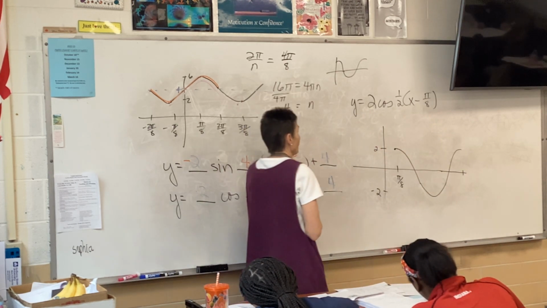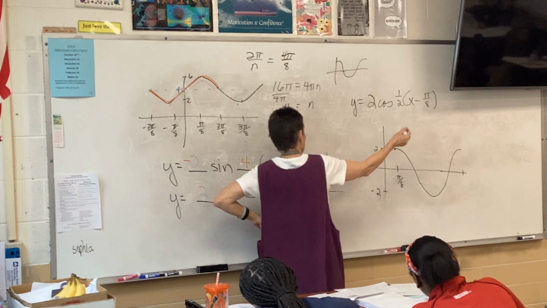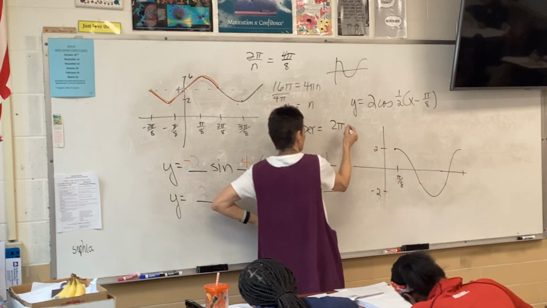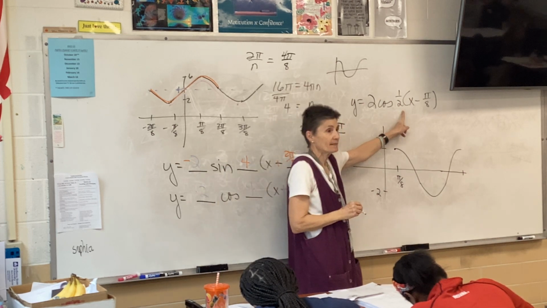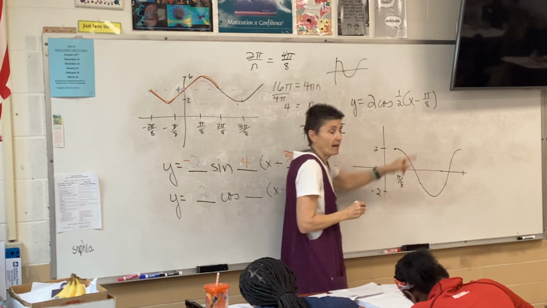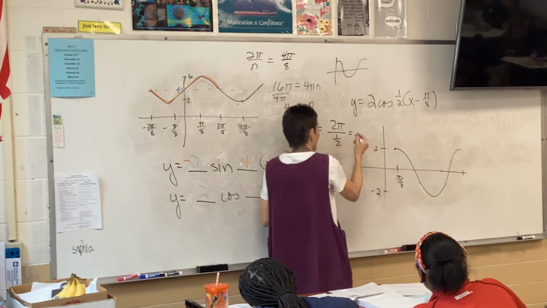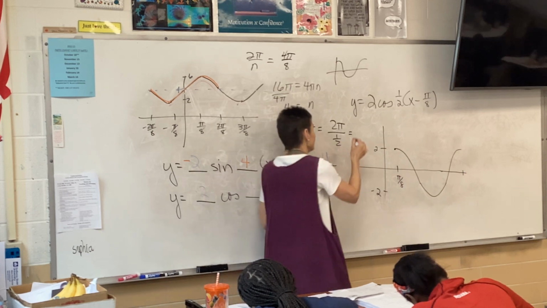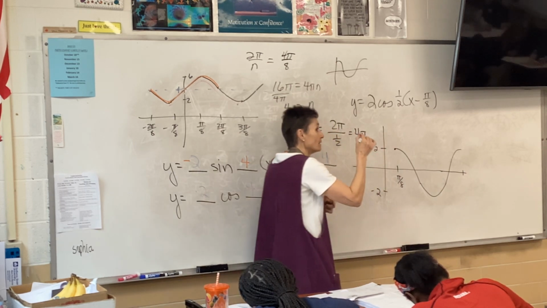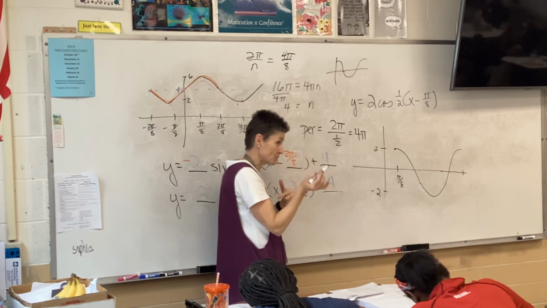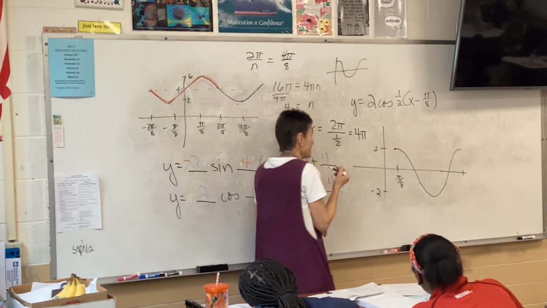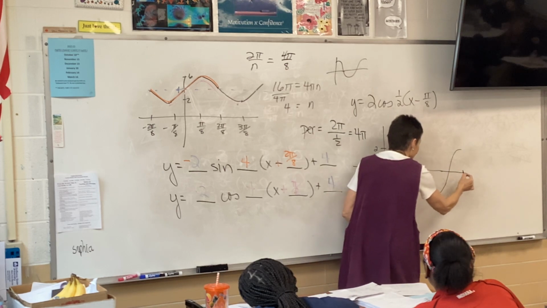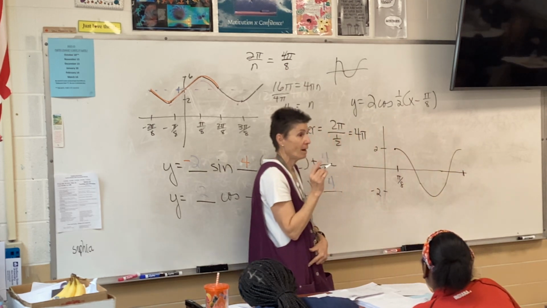I have to figure out what my period is. So I know my period is normally 2 pi, but I have divided it by a half. So my period this time is actually 4 pi. 2 pi divided by 1/2, 2 pi times 2. Which means that from here to here is 4 pi.